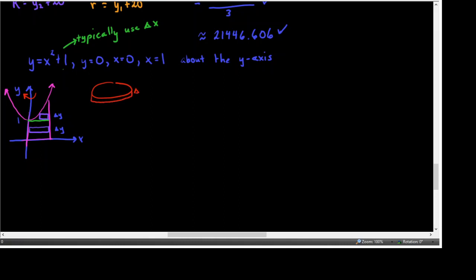It's delta y tall, and all we have to do is find out what the radius of that is. And of course the radius, no matter where you draw that, the distance from the axis of revolution to the far end of the strip, is always constantly 1. So r here is constantly 1.